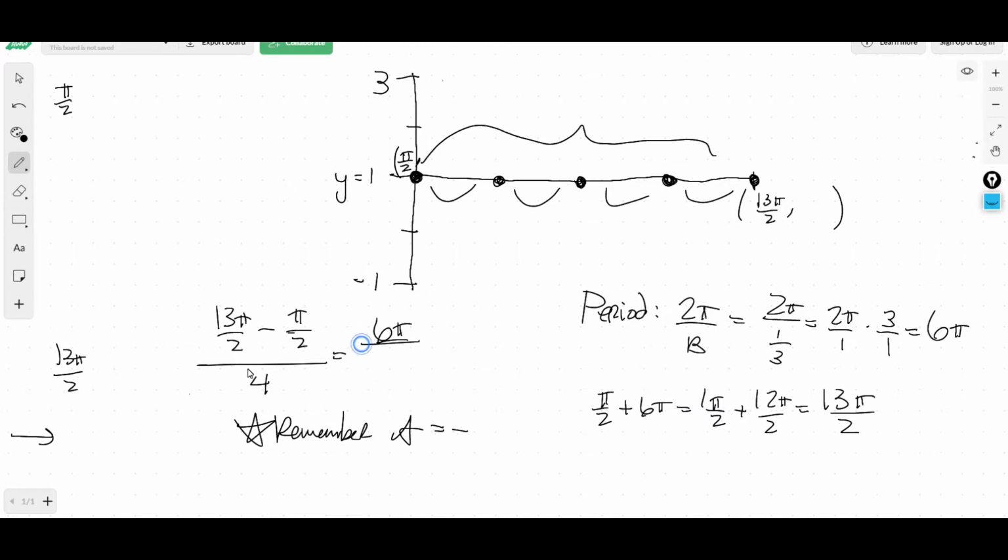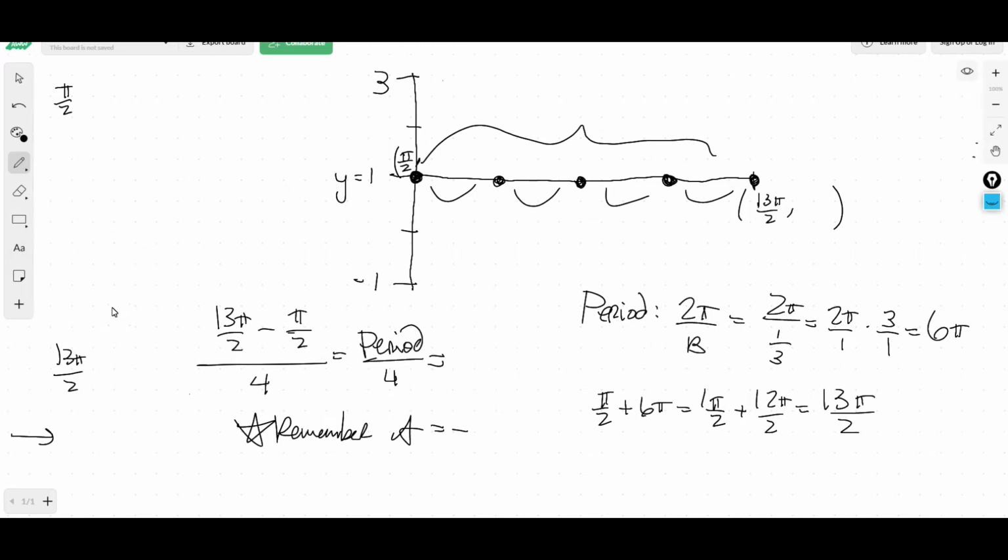So if I actually take my period, erase it. So this is the period divided by 4. That'll get me all my key points. And hopefully you guys are seeing that setting up the margins of this graph, that's the easiest part. The key points are really what makes this difficult.